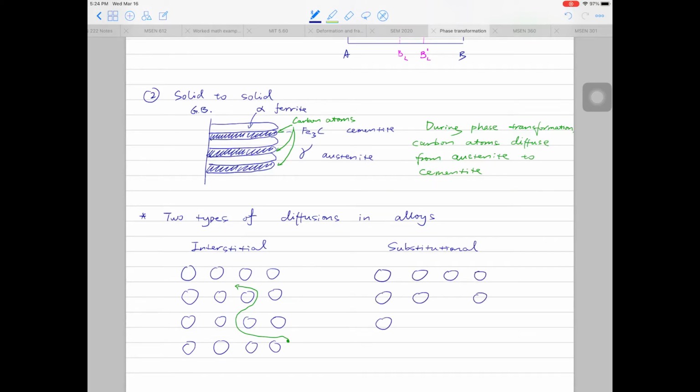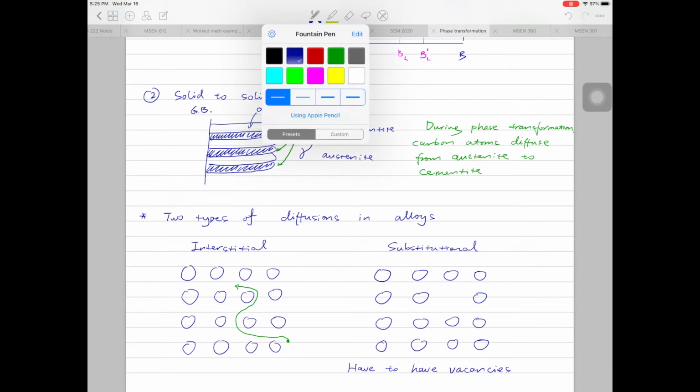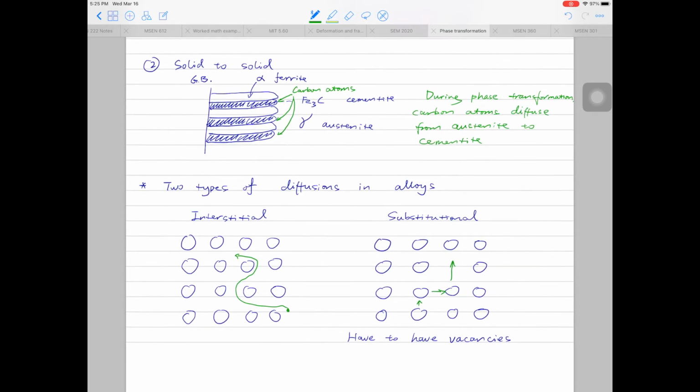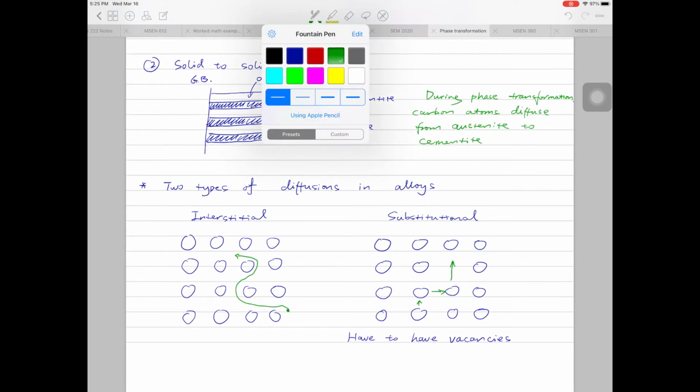For substitutional diffusion, since the solute atom is more or less the same size as the host atom, for those solute atoms to diffuse, you must have vacancies in the material. So the diffusion of the substitutional solid solution atoms has to be mediated by vacancies.